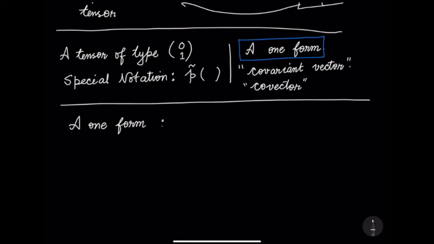So it has all those linearity properties, and it takes a vector and then maps to a scalar.